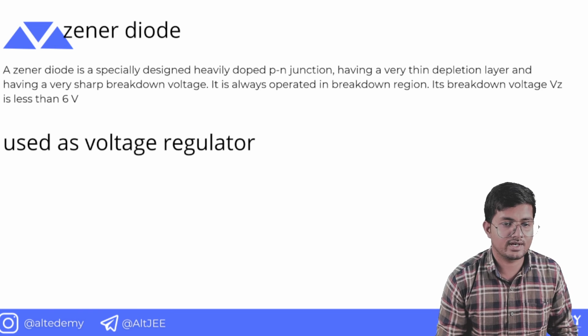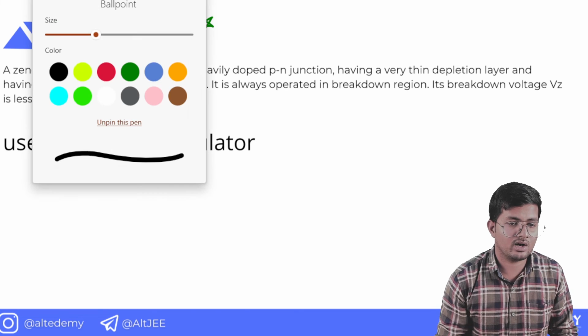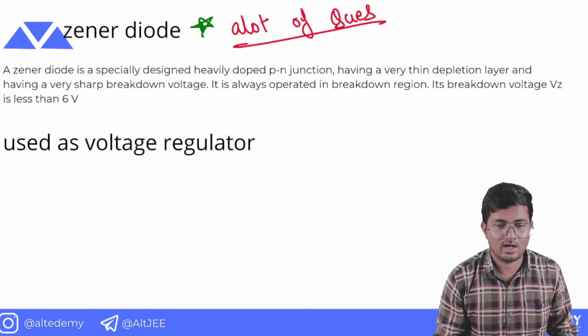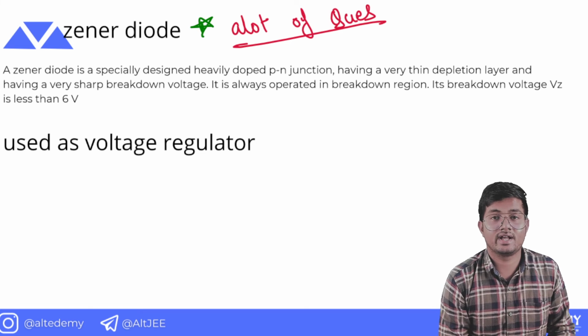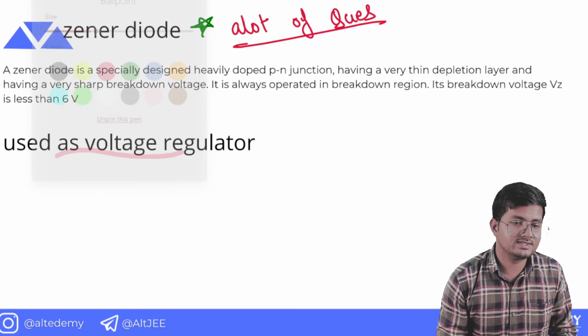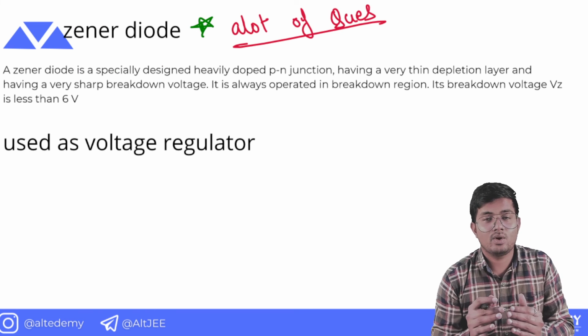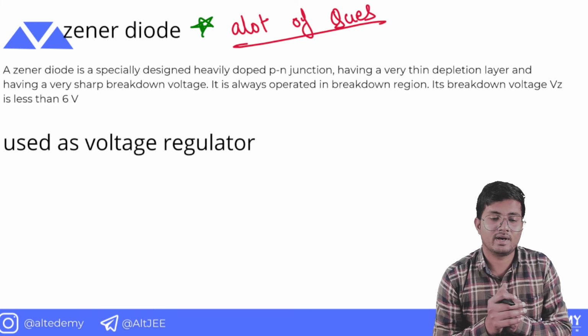Let's talk about Zener diode. See, Zener diode is really very important, and a lot of questions have been asked on it, right? So what is a Zener diode? It is basically a PN junction which is reverse biased.